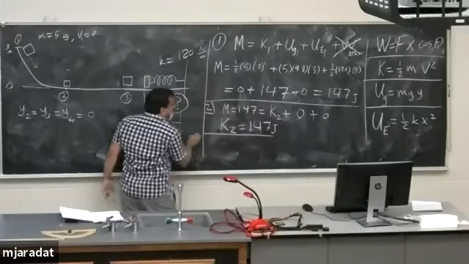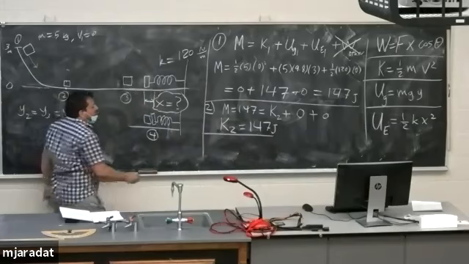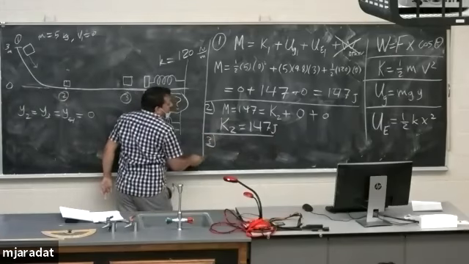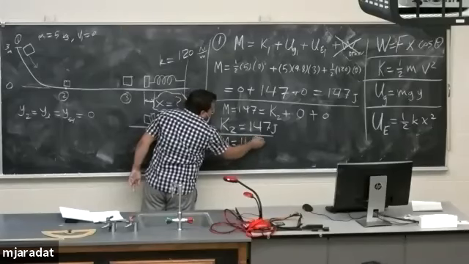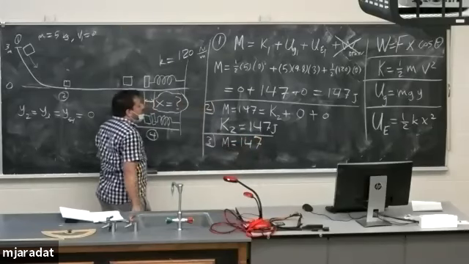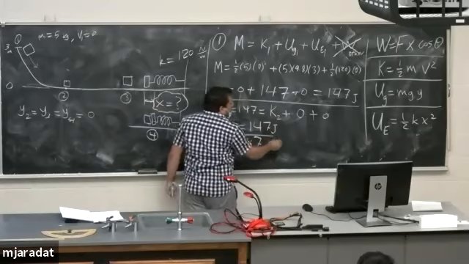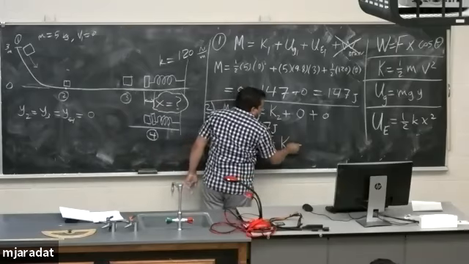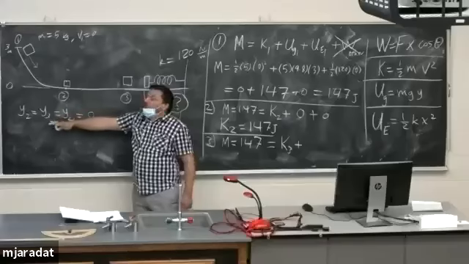It's simple. What about point number 3? It is the same. Mechanical energy is equal to 147, which is equal to the kinetic energy at point number 3, plus the potential energy at point number 3. The altitude is 0, the same.